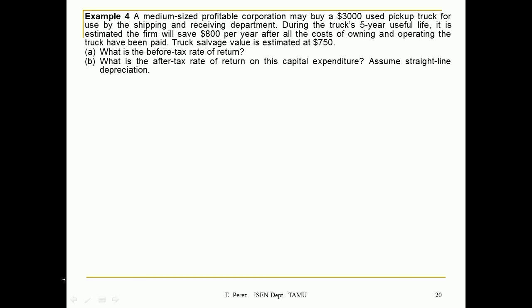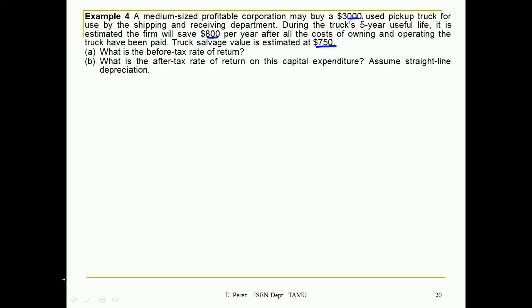The truck salvage value is estimated at $750. So we have these amounts: $3,000 that they pay for the truck, $800 that are going to be saved per year, and the truck salvage value, which is $750. The first question is asking you to compute the before tax rate of return. We know how to get the rate of return for any type of problem, so let's work with that.